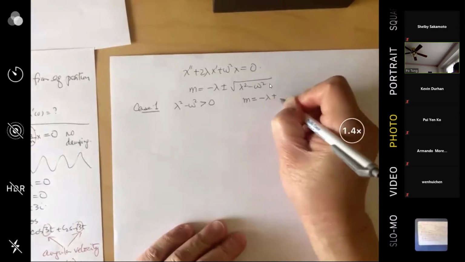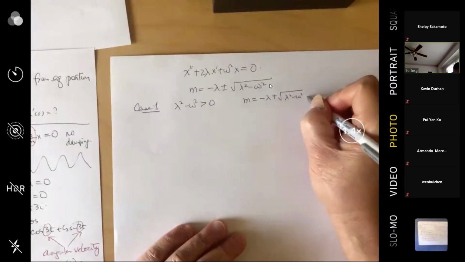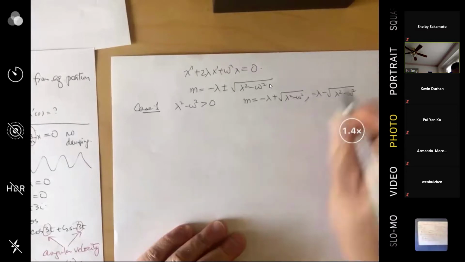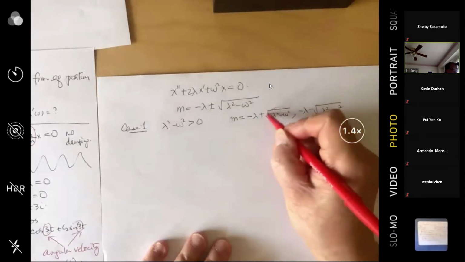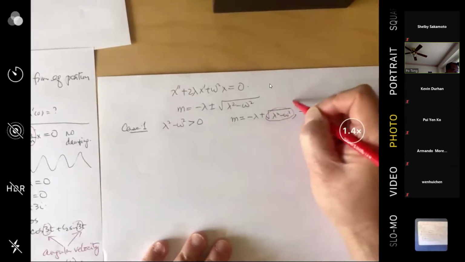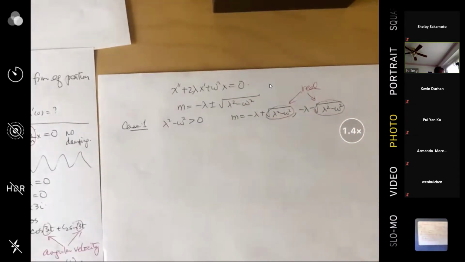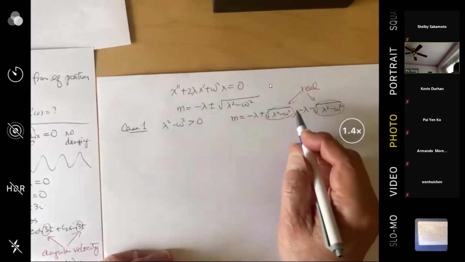One of them is this. The other one is this. Now, make sure you understand these are real numbers. Okay? This is real. Are we okay? Yeah. So, these are real numbers, and they're different.